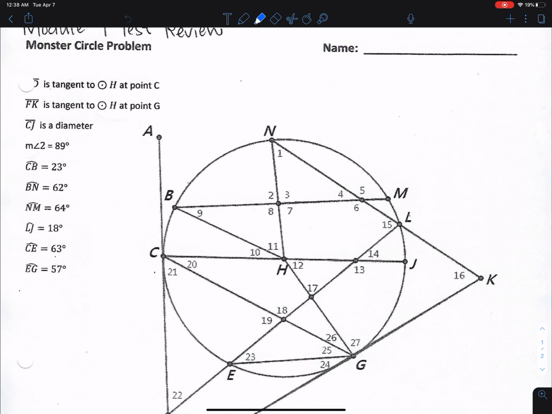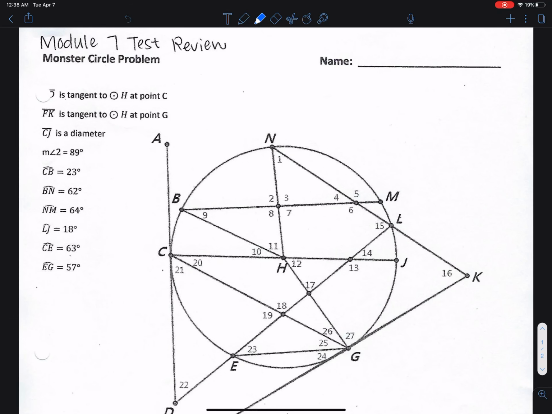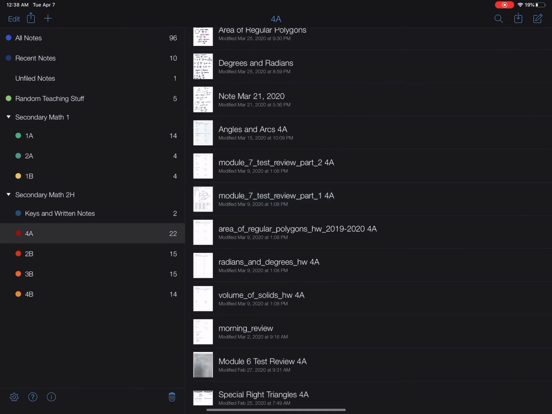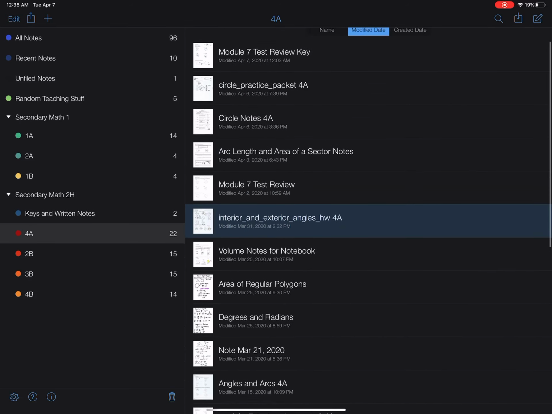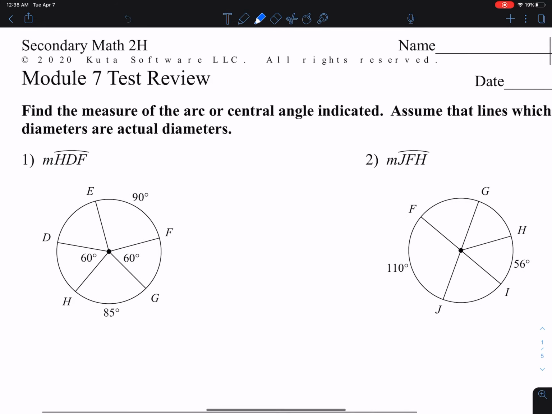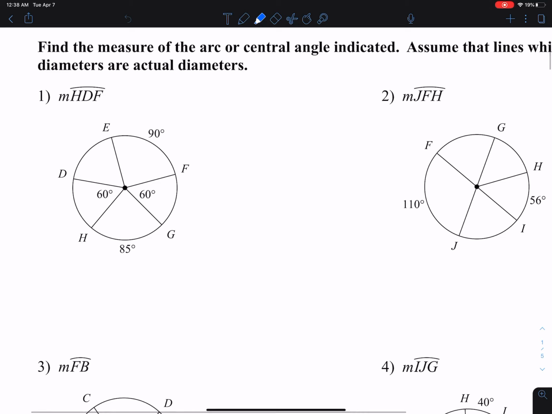But I usually do it as a partner thing, and we can't really do that over Canvas, so I decided to do a multiple choice thing instead. So I changed the test in the test review. We're going to start with the angles.